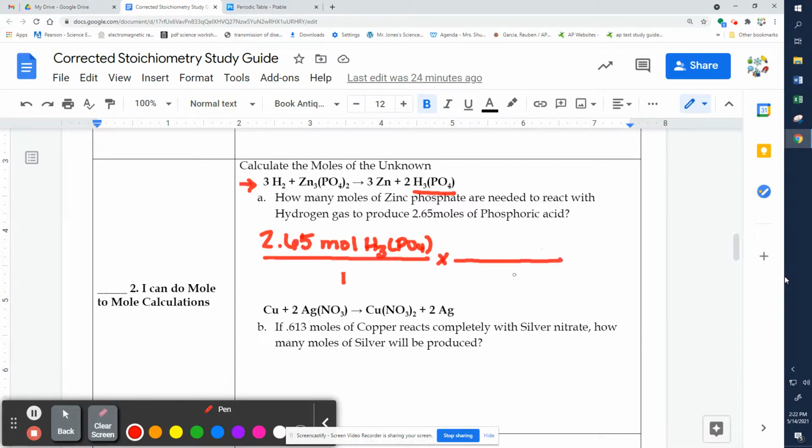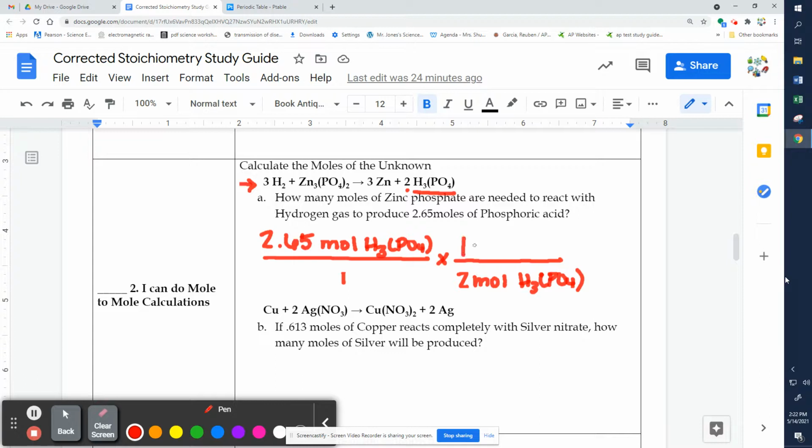Then we're going to multiply by our mole ratio that we found in our last step. Because we have moles of phosphoric acid up here, we're going to have moles of phosphoric acid down here. The number in front of our phosphoric acid is a 2. So we have 2 moles of phosphoric acid. On top, we are going to how many moles of zinc phosphate. In front of our zinc phosphate, there is no number.